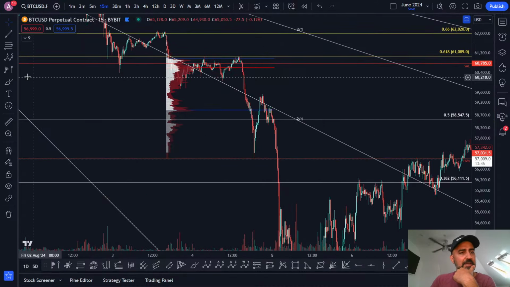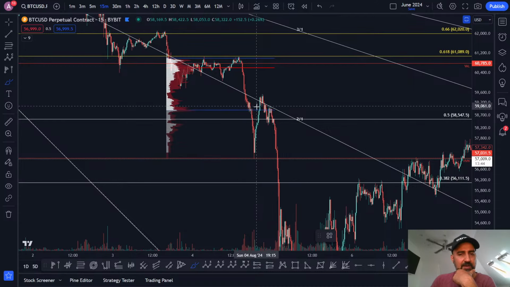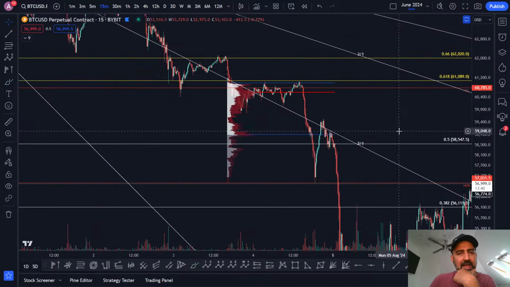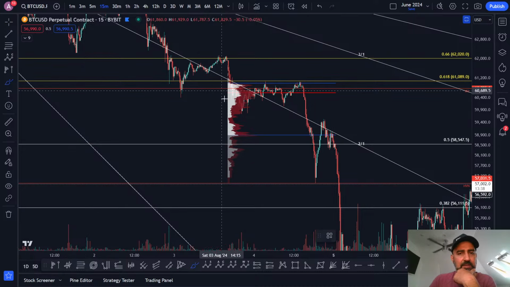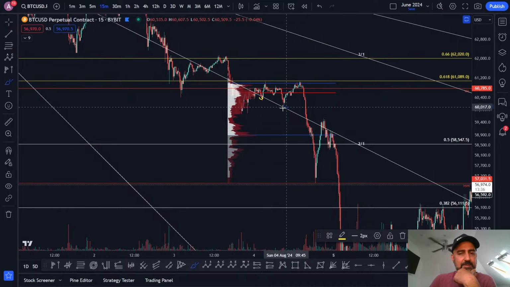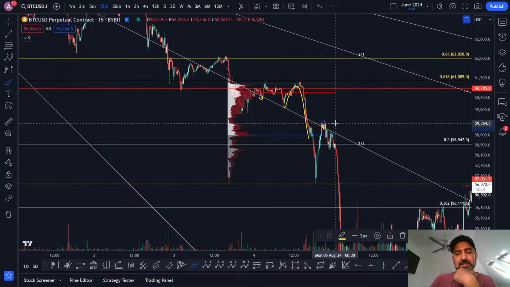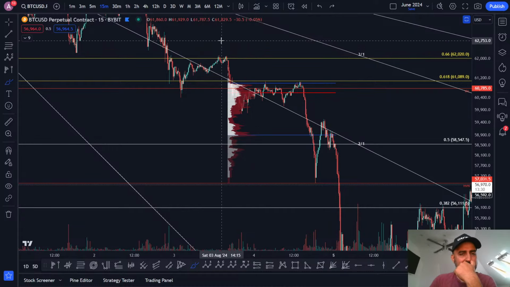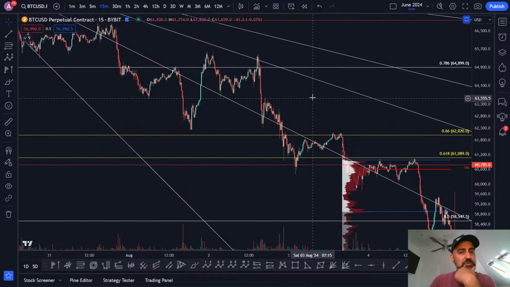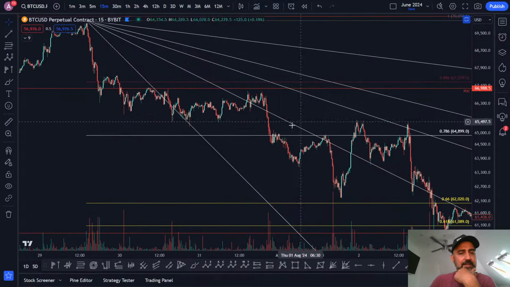In the past, the price failed to get above, and then it back tested as resistance. And here you see you lost it, you back tested it as support, but then you failed and you back tested it as resistance. So they do, in some weird and wonderful way, guide the price.